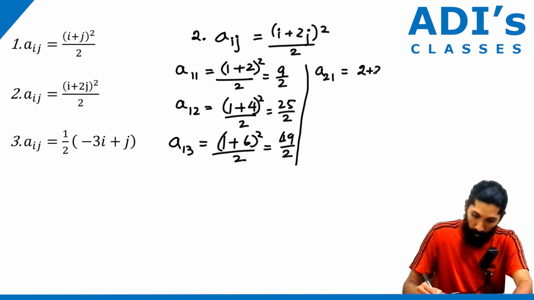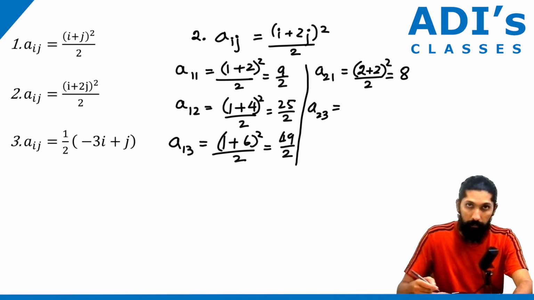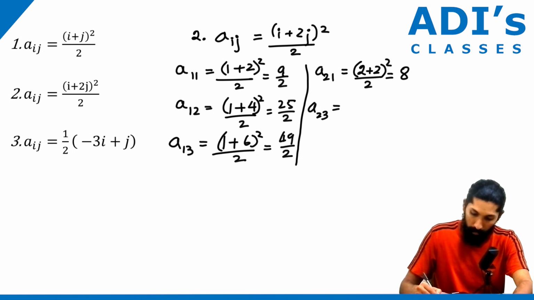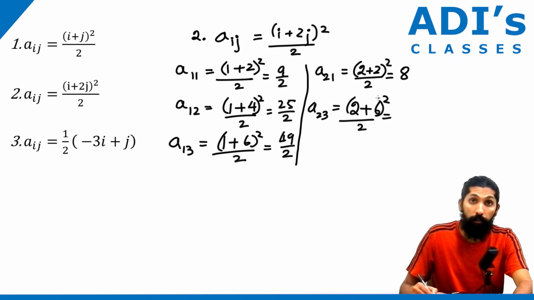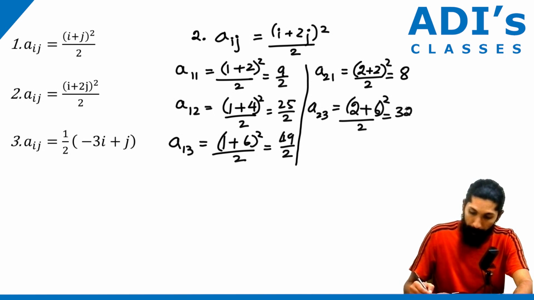Next, likewise, we'll do A21: (2 plus 2) whole square divided by 2. 4 square is 16, by 2 is 8. If you can solve it directly, go ahead and do it. This is going to become (2 plus 3 into 2, which is 6) whole square divided by 2. 64 divided by 2 is 32. The next one is A22.